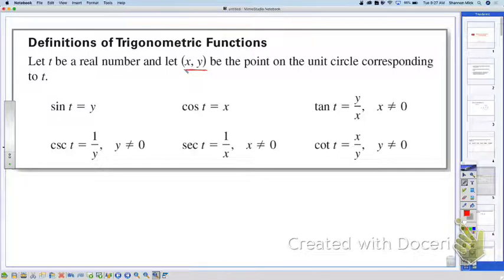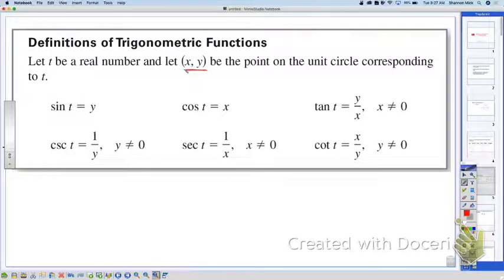Cosine of t equals x, then your answer. We're gonna have to remember all this. Yes, that's why I'm telling you to write it every single time you do it today. If I'm giving you only 4 problems, I'm expecting you to do them and learn them. Tomorrow when you walk in, you should be able to tell me these. You should be able to tell me the tangent is y over x.